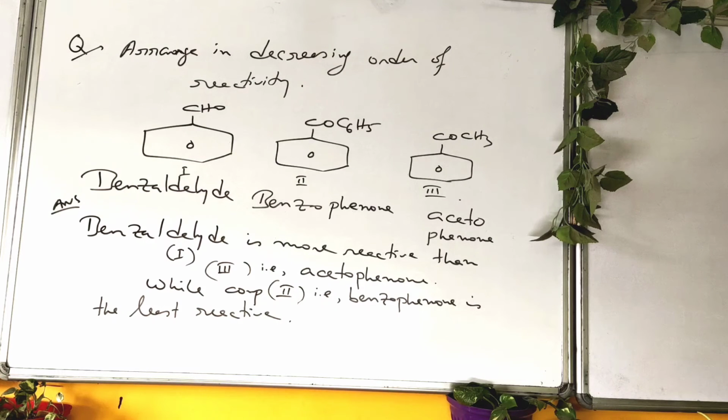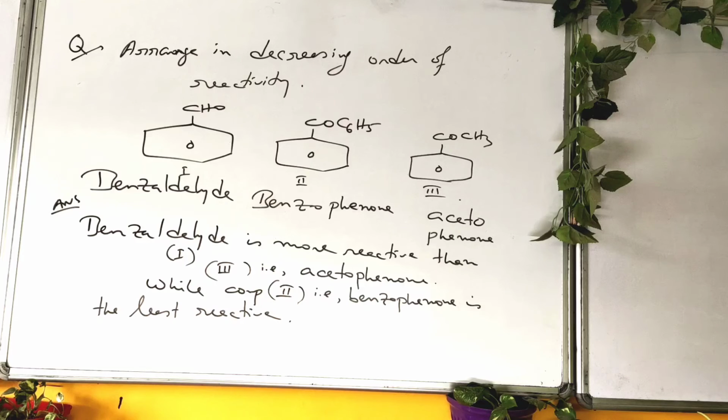Can you tell me why compound 2, that is benzophenone, is the least reactive? See the structure of the compound. On one side of the keto carbon, the middle carbon is the keto carbon, a benzene ring is attached, and on the other side that's also a benzene ring, okay.